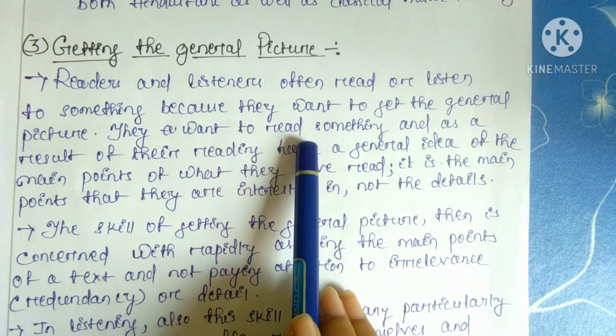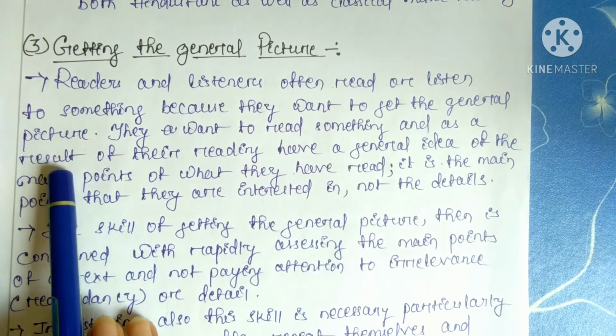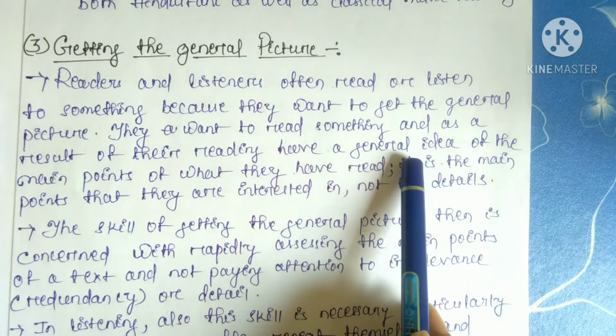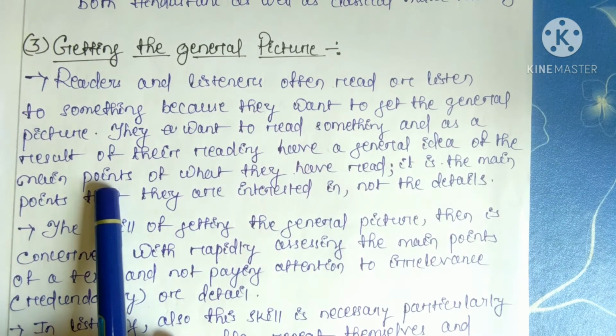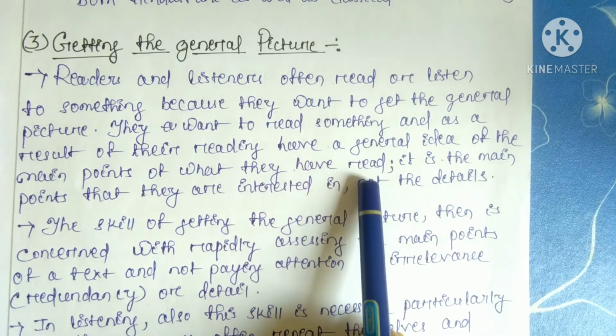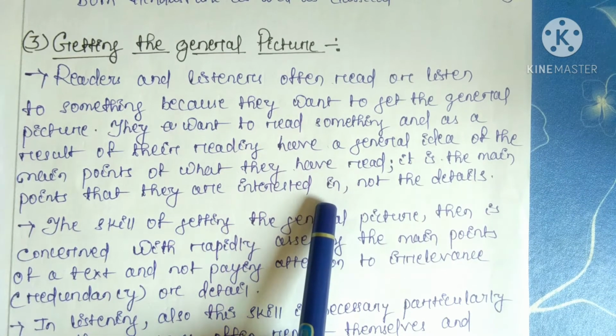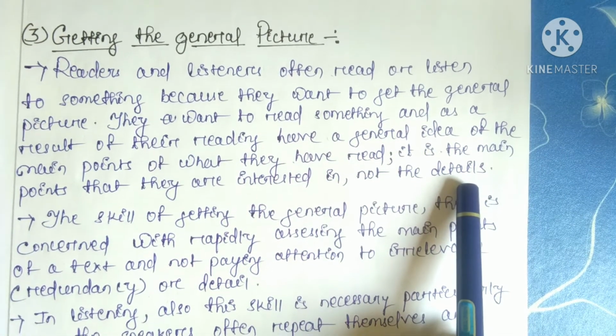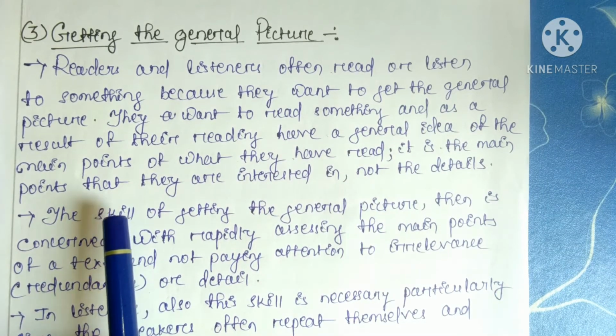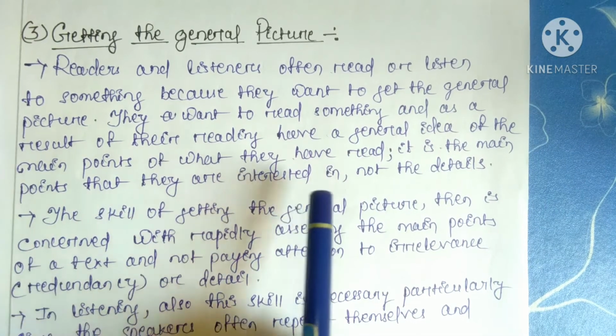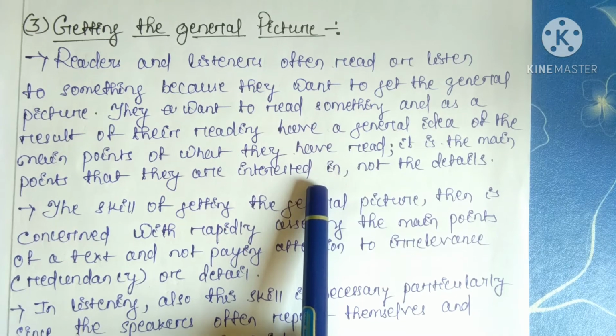They want to read something and, as a result of their reading, have a general idea of the main points of what they have read. It is the main points that they are interested in, not the details. So here a learner is able to get the general picture or general ideas.